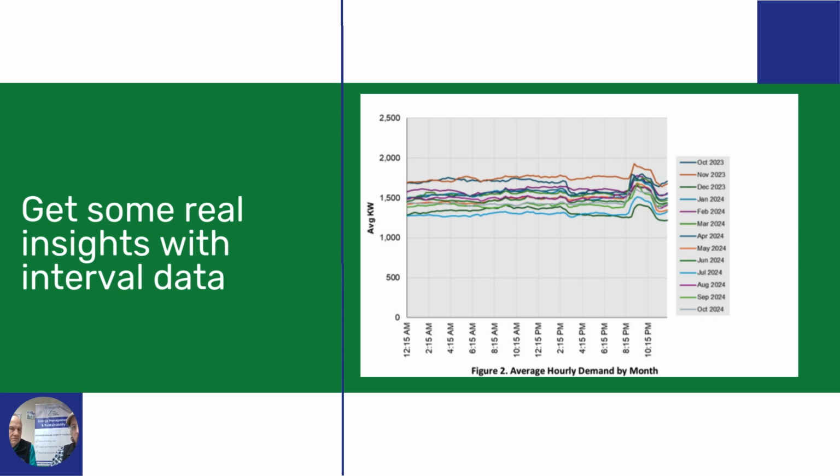In this case, let's look at that for a second because we'll show you another example of that in a minute. This is simply taking month over month and saying, okay, over the course of a day for every single month, what does their load profile look like?